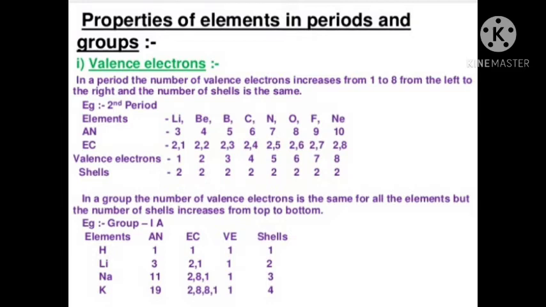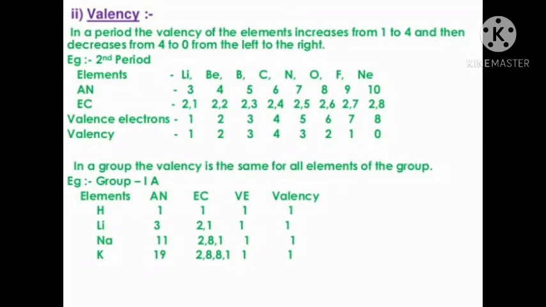Next property is valency. In a period, the valency of the elements increases from 1 to 4 and then decreases from 4 to 0 from left to right. Example, second period elements from lithium to neon, Li, Be, B, C, N, O, F and Ne.